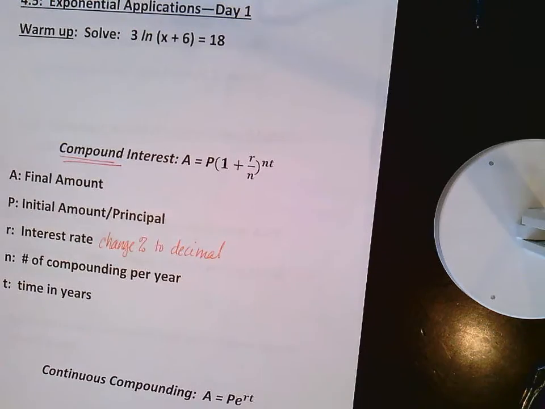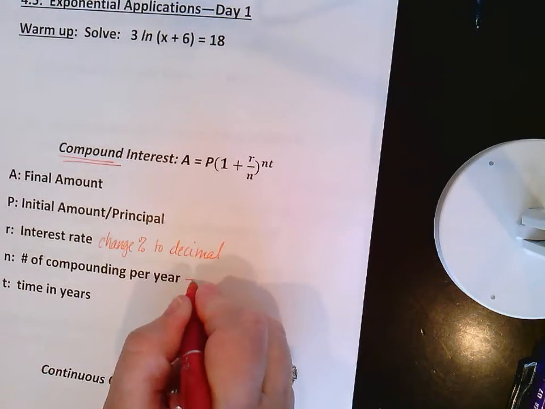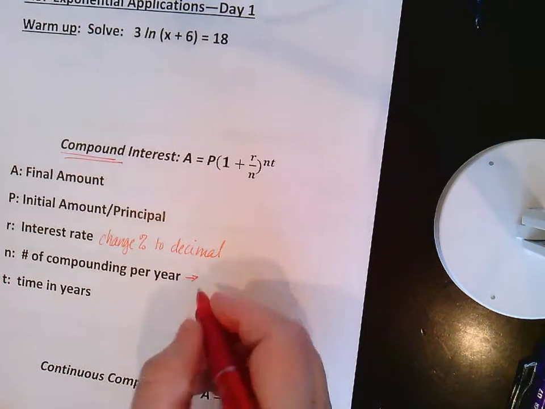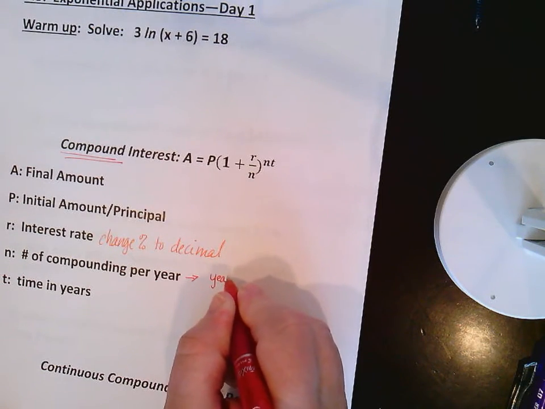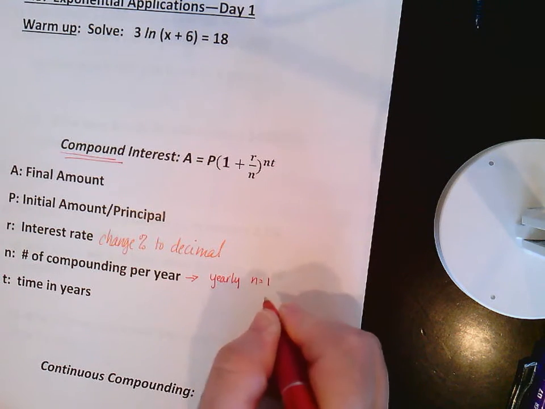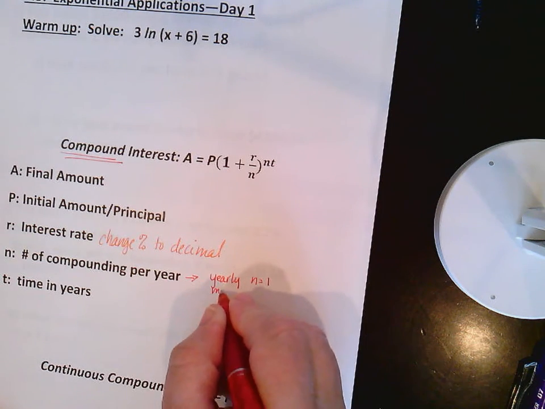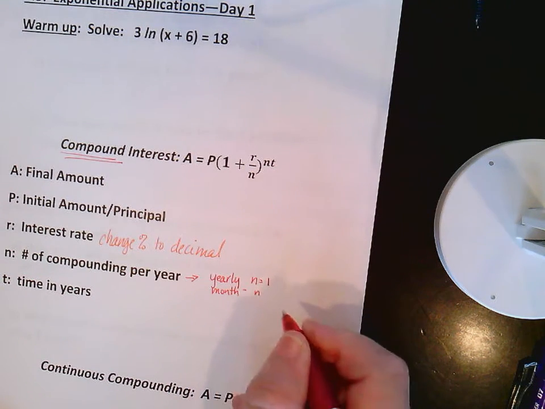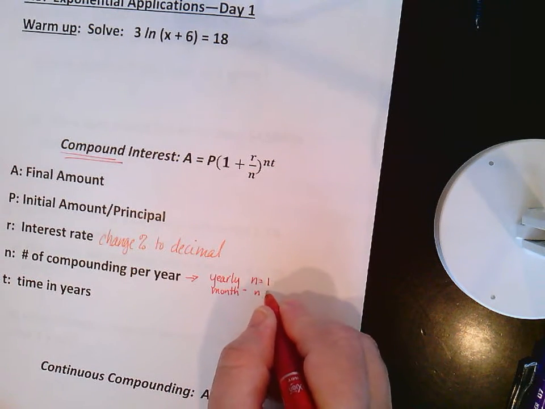N is the number of times it compounds per year. So is it compounding yearly? That means we only figure the interest every year, so N is 1. If it's monthly, every month we add it in and recalculate, so that's 12.